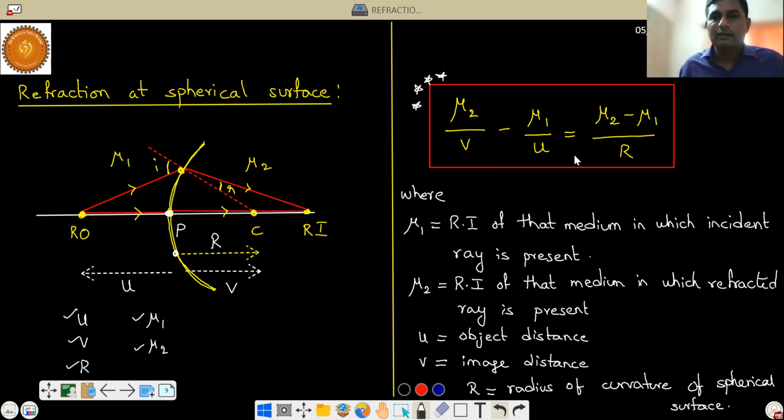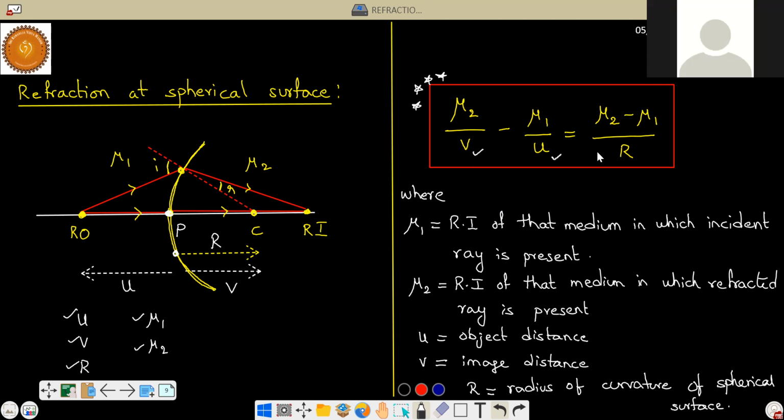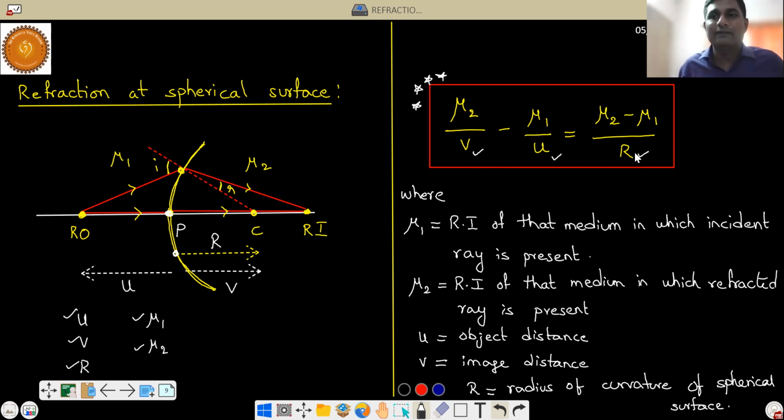But the most important thing is you have to substitute these quantities V, U and R with sign convention, which is similar to the spherical mirrors we have studied. First, the incident rays travel from left to right. All distances are measured from the pole.